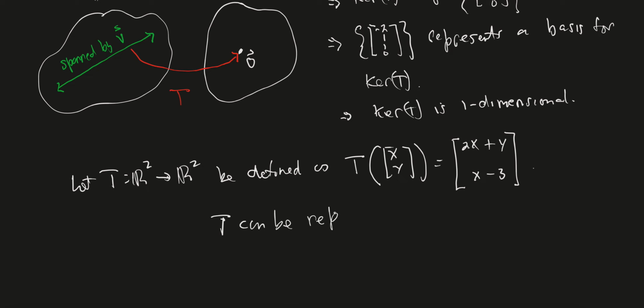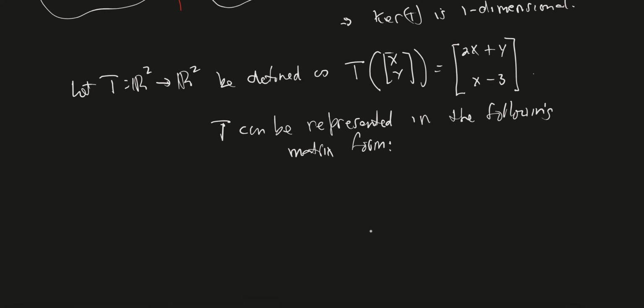So T can be represented in the following matrix form. If I take the column x, y, it would have to be a 2 by 2 matrix to produce this 2 by 1 output.